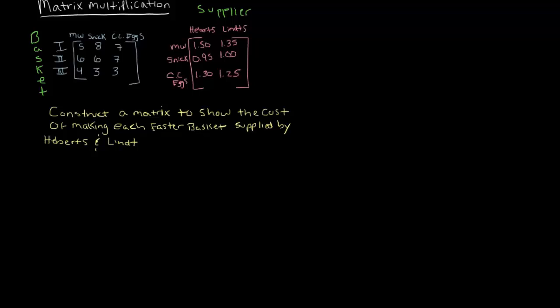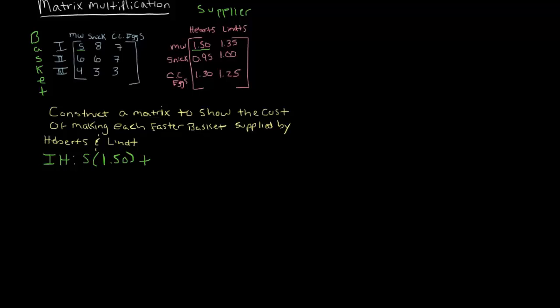So, before we do any matrix multiplication formally, let's just do this the way we would do it as though we knew nothing about matrices. Let's figure out the cost to make basket 1 if we're going to go to Hebert's. So, how would we compute that? Well, basket 1 has 5 Milky Ways, and if I'm buying them from Hebert's, they are $1.50 each, so it would be 5 times $1.50.